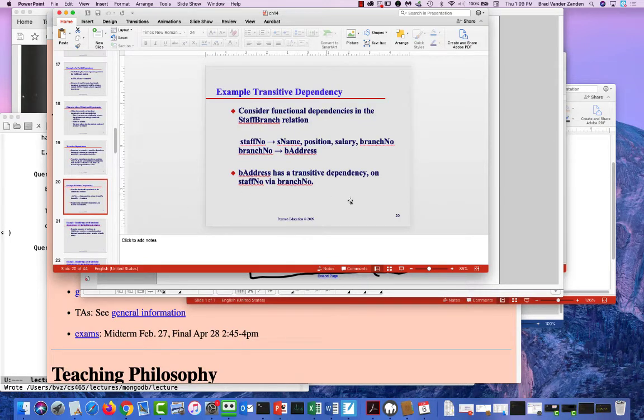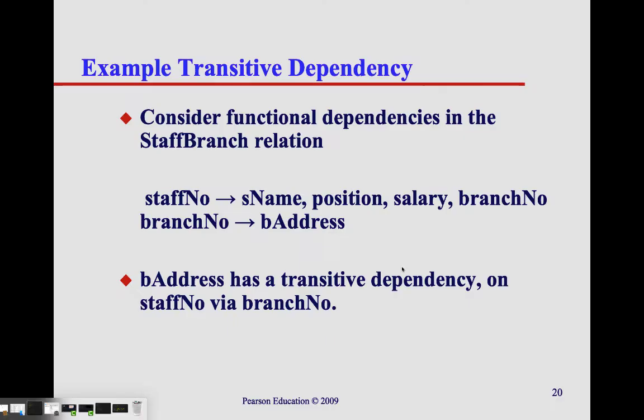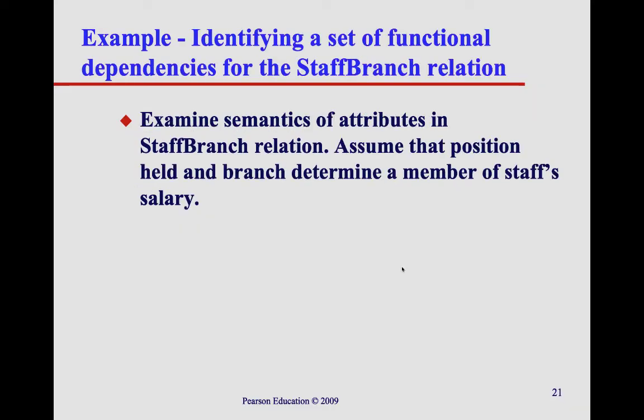And I just went through this example, so we don't have to do it again. Okay, so now we can do a little exercise and try to identify the set of functional dependencies in the staff-branch relation.